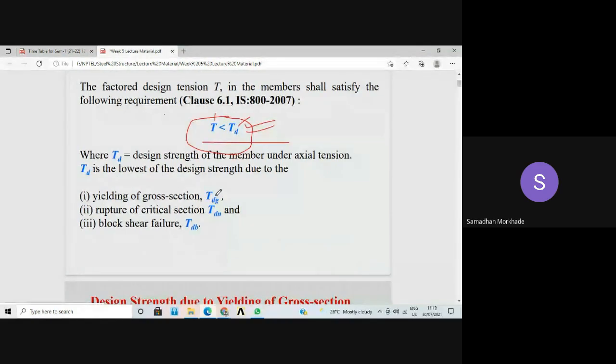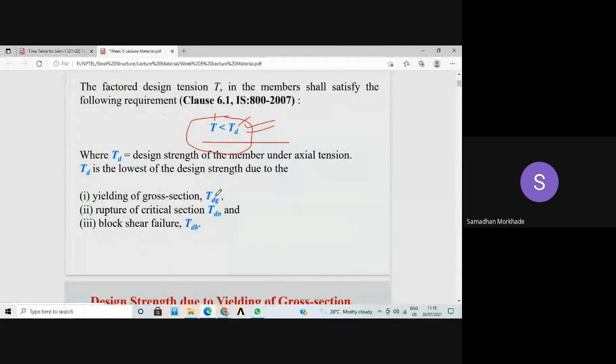The IS code says that a tension member can fail in three different ways, so we have to calculate the capacity of the section by three criteria: yielding of the gross section, TDG; rupture of the critical section, TDN; and block shear failure, TDB. For block shear, the code gives two formulae, so we calculate TDB1 and TDB2.